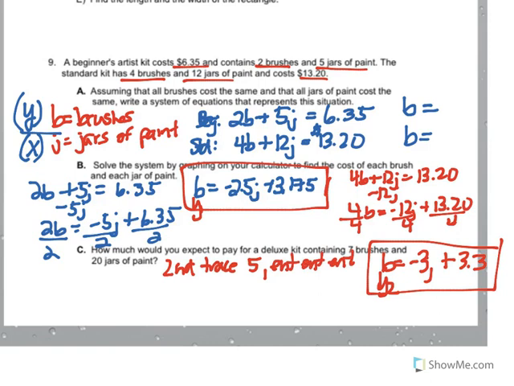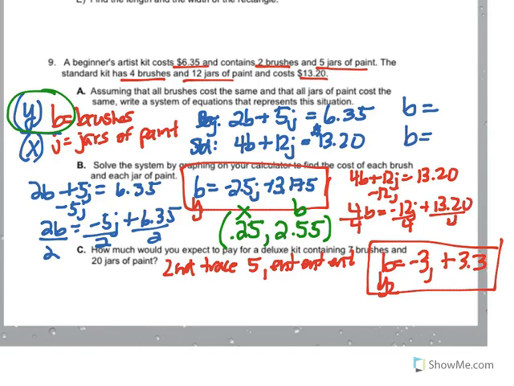And when you do that, you find out that your solution is 0.25 and 2.55. Now remember, B is like the Y, so this is the B, that's brushes, and J is like the X, so the jars of paint are 25 cents and the brushes are $2.55.